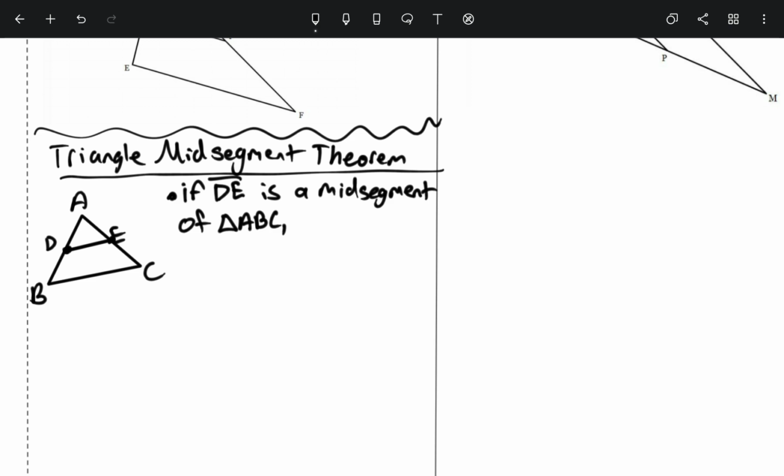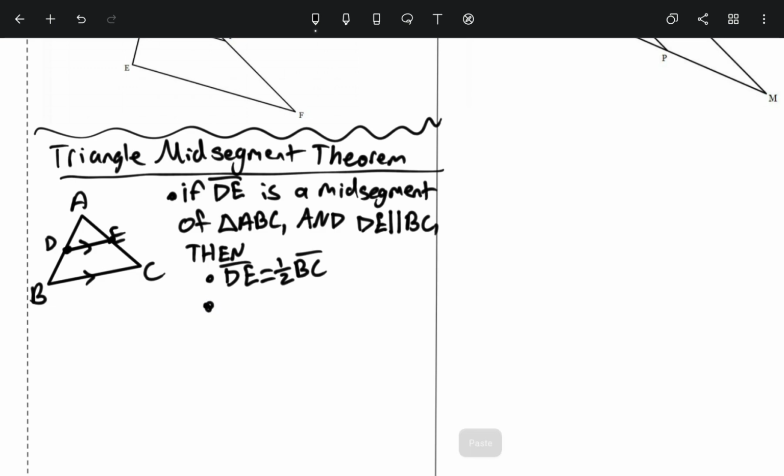So if segment DE is a mid-segment of triangle ABC, and the segments DE and BC are parallel, so both those segments are parallel, then we know segment DE is equal to 1/2 of segment BC.